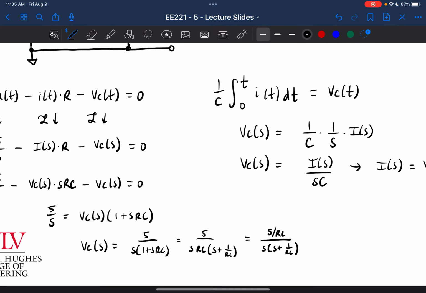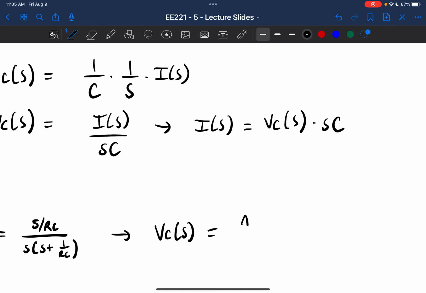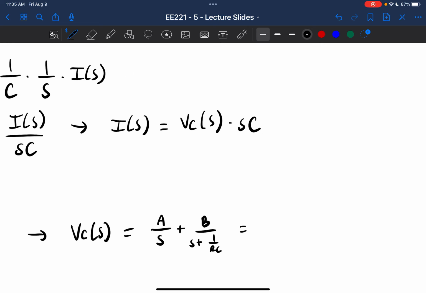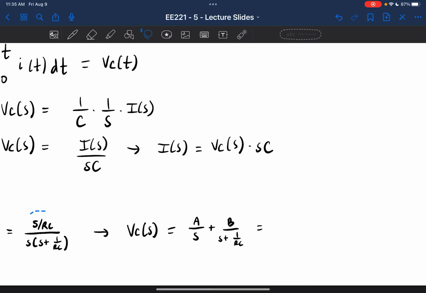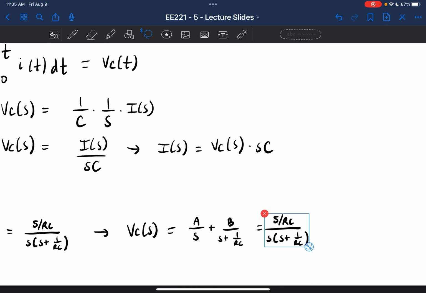And now I could do partial fraction expansion on this function. So I could rewrite this Vc of s as A over s plus B over s plus 1 over RC, and of course, that's equal to this function here. And we need both of them in order to complete the partial fraction expansion.